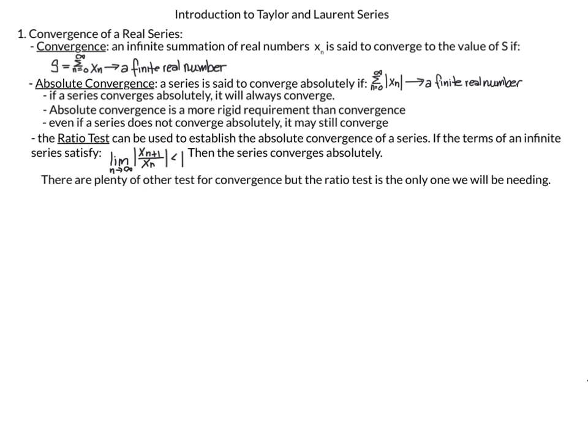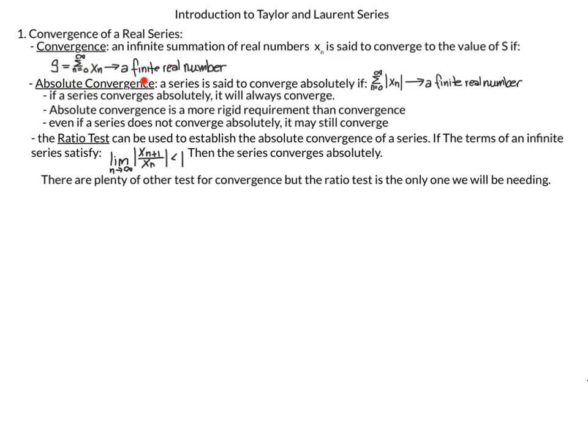First we start with the definition of convergence. An infinite summation of real numbers x_n, that's a series, is said to converge to the value of S if S, equal to the summation from n equals 0 to infinity of x_n, approaches a finite real number.